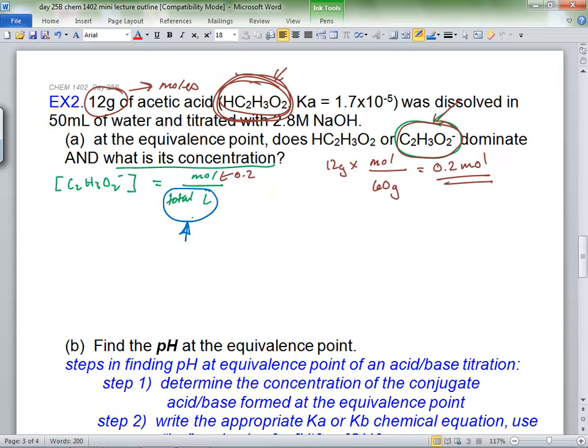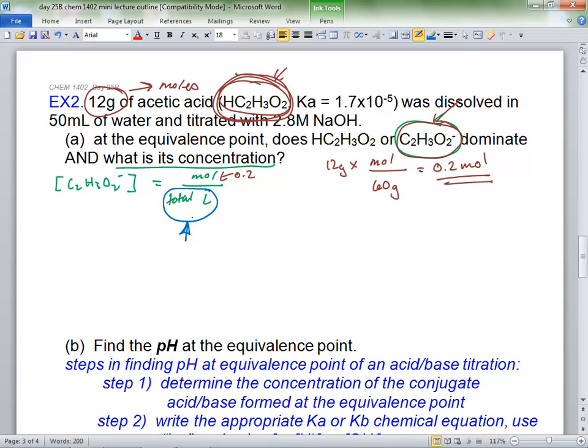Okay, Albert, what are you going to do to get those total liters? Now, do you guys realize what he's doing? He's saving time.